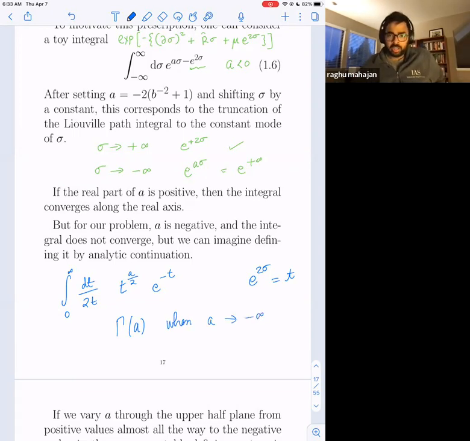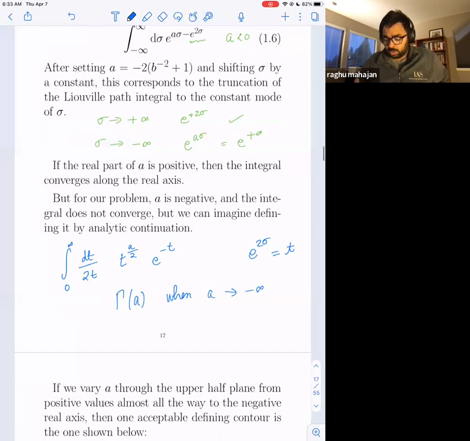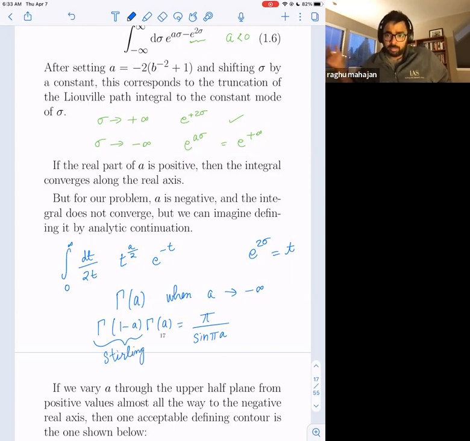Now, the usual Stirling approximation doesn't work in this case, because to get the asymptotics for gamma of a when a goes to minus infinity, you need to use this rule, gamma of 1 minus a, gamma a equals pi over sine pi a. And you need to use the Stirling approximation on this guy, because this is gamma of a big positive number. So you see that the asymptotics of gamma of a has this 1 over sine in it.